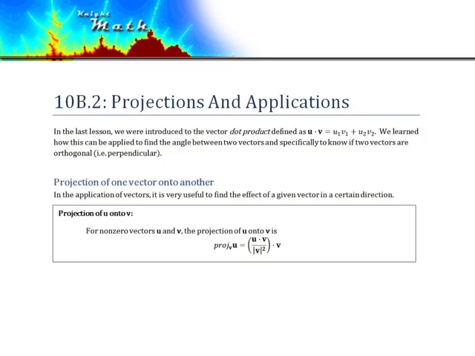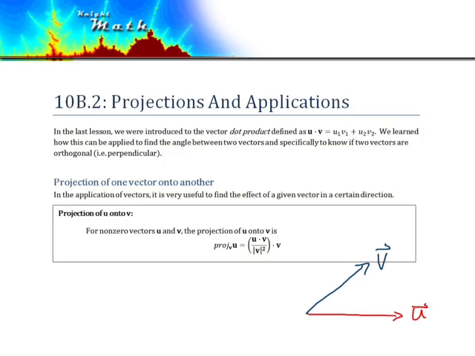A projection of a vector is this. If we have one vector here, let's say this is u, and then we have another vector that looks something like this, going off in another direction. That's v. Well, if we want to project v onto u, we need to travel at 90 degrees from v down to u.